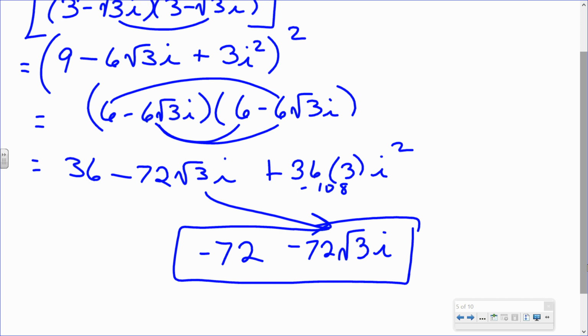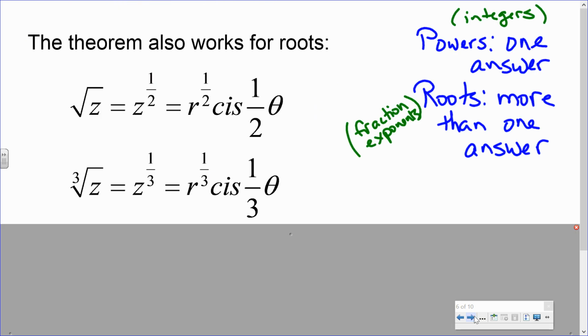Okay, integers are not the only things that we can have as exponents. If we want to take roots, we can think of the square root as z to the 1/2, the cubed root as z to the 1/3, right? And as long as we write our roots with fractions for the exponents, we can still use DeMoivre's.